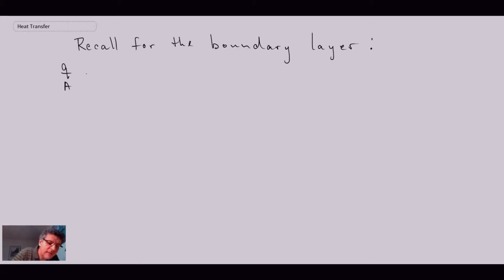If you recall, for the boundary layer, in the last lecture, we coupled Newton's law with Fourier's law, and we applied Fourier's law in the fluid right at the wall. This approximation is made assuming there is no slip, or no fluid velocity, right along the wall, which is true because there would be no velocity in a boundary layer right at the wall.